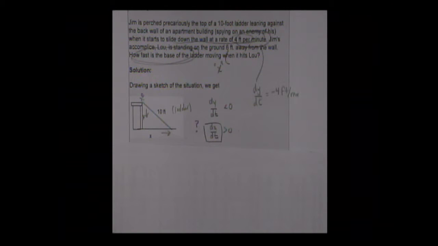Could do area of a triangle, but did we get anything that has to do with area? No. Did we see the word area in here? No, probably not. What kind of a triangle is this? A right triangle.